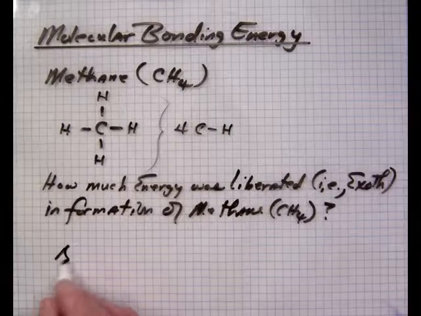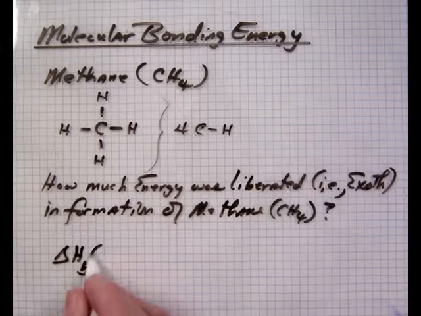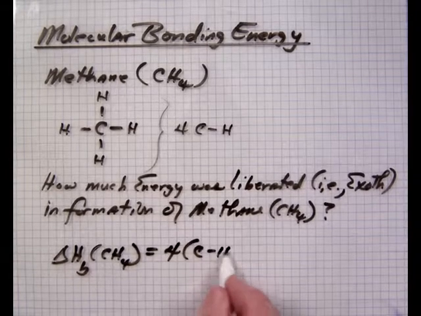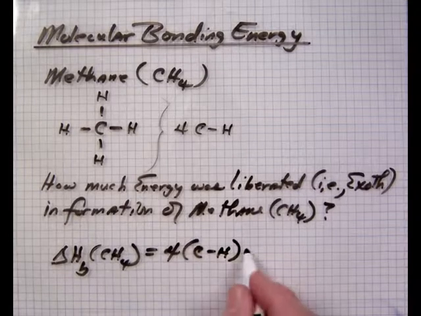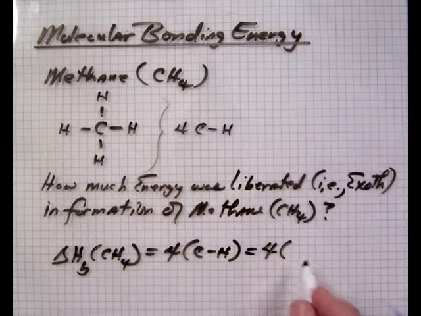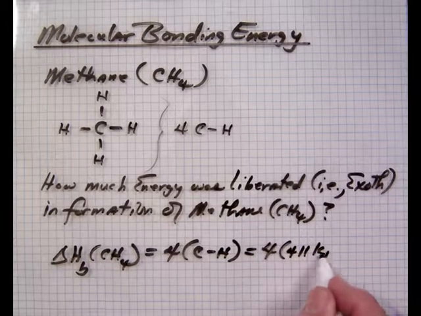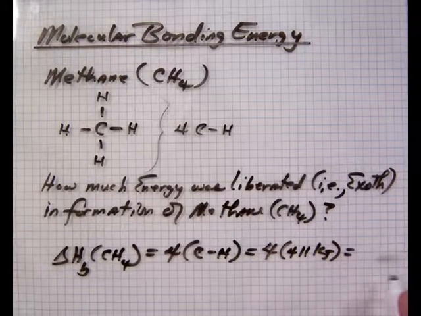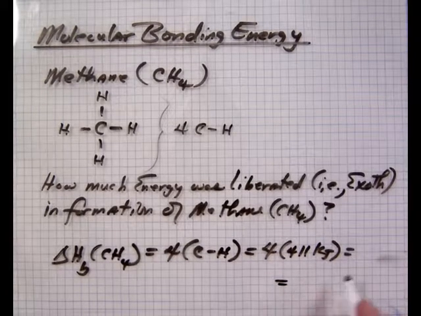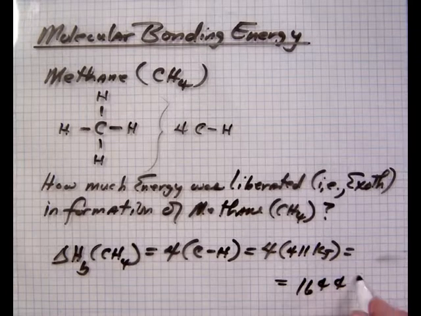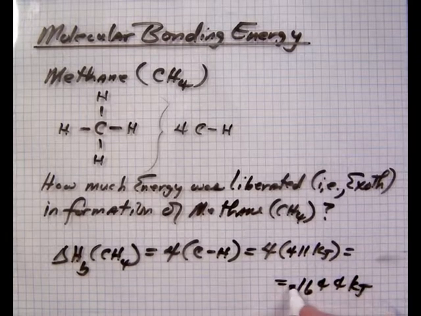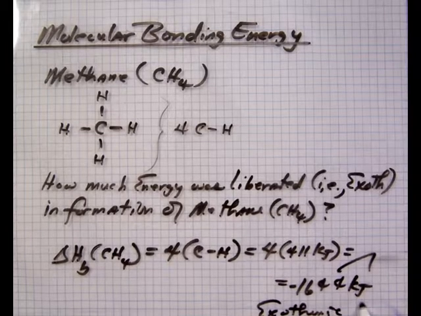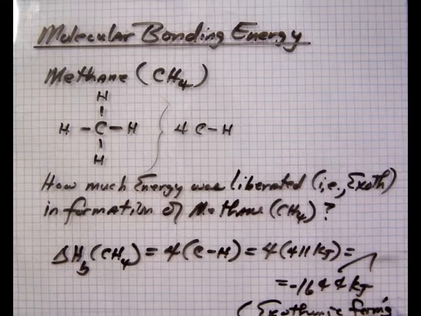So the delta H bond energy for CH4 is equal to 4 times the energy associated with a carbon-hydrogen bond, which is 4 times 411 kilojoules, so 1644 kilojoules exothermic, forming the compound.